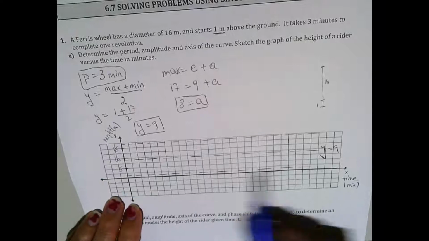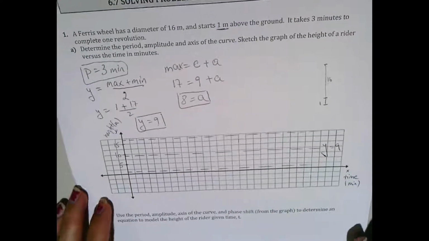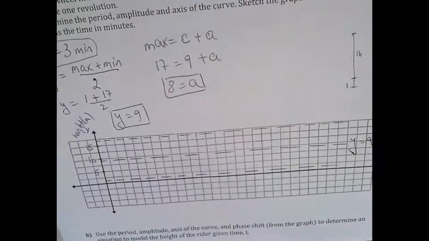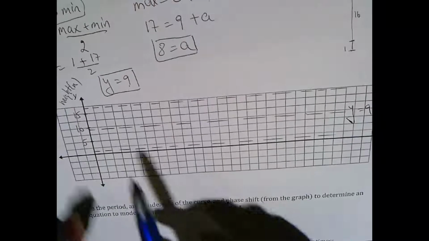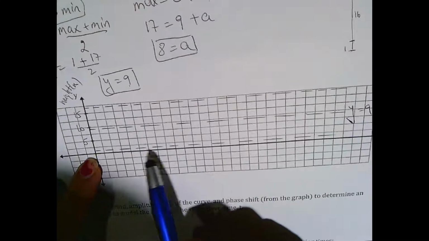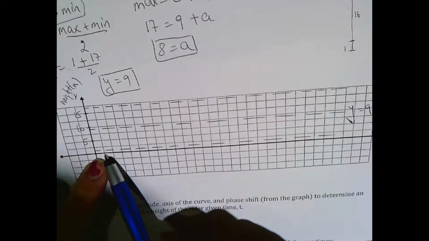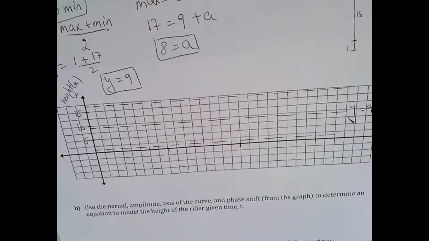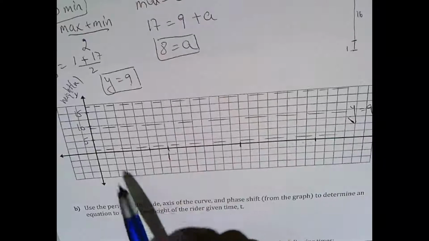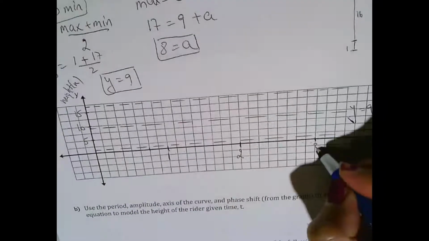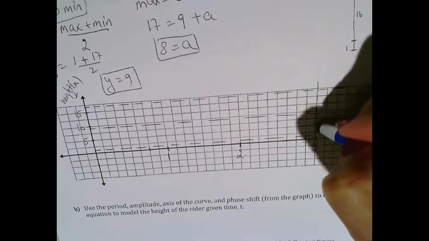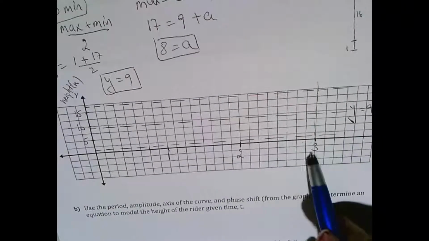And now I have to put the scale on the x-axis. Because I only have 3 minutes, I'm going to try and spread it as much as I can. So I'm going to say maybe, let me count. Okay, so essentially I picked every 8 squares, I'm going to have 1 minute. So 1, 2, 3. So my one cycle will end right here at 3.